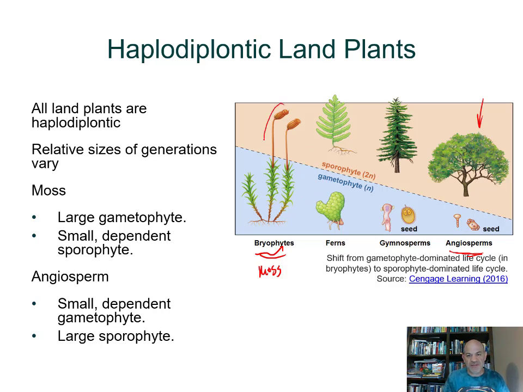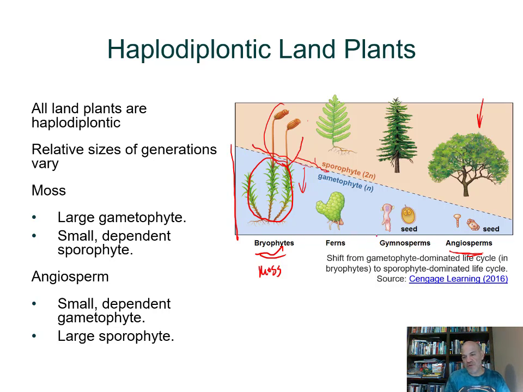For a moss, this is, for the more primitive plants, let me back up. Below the line here is the gametophyte. So this is gametophyte, above is what the sporophyte looks like. So down here is your gametophyte, and for the primitive plants, the gametophyte is more dominant. That's why the blue line is brought here.